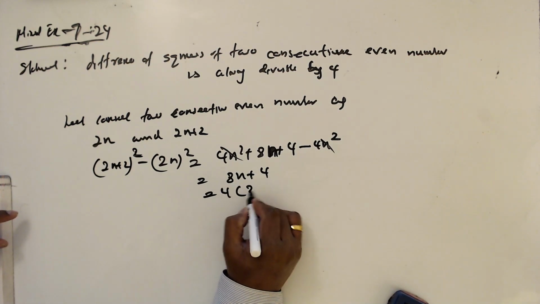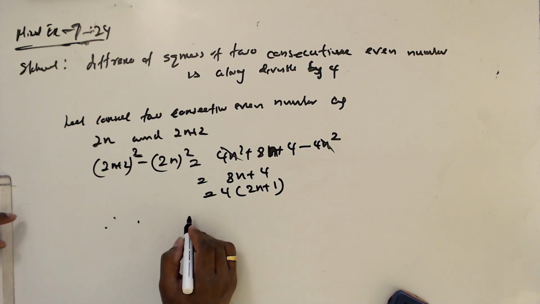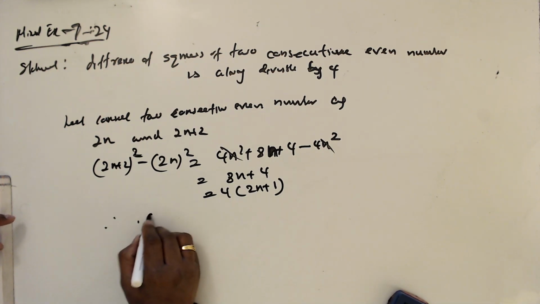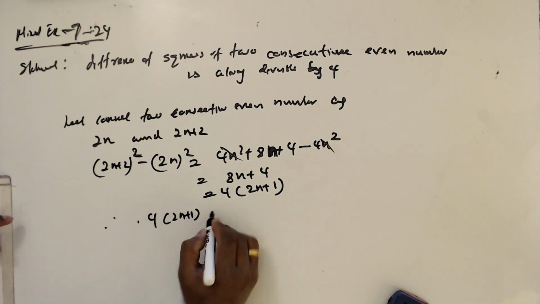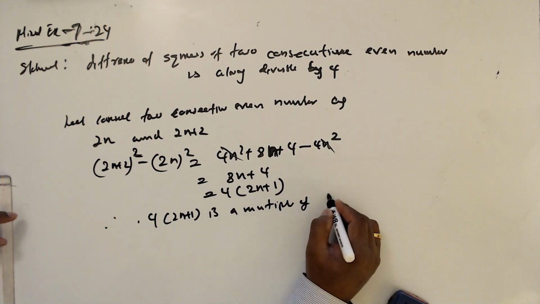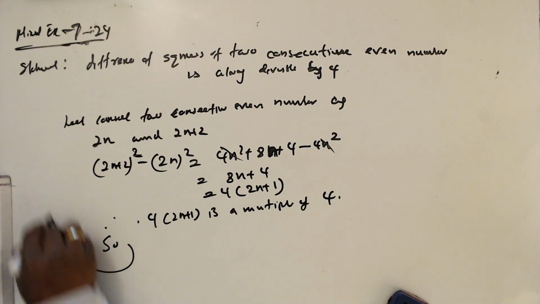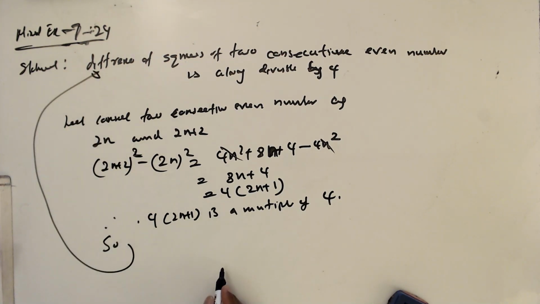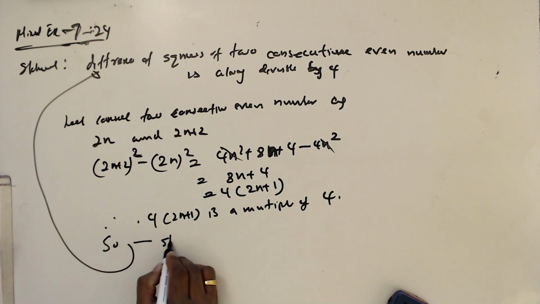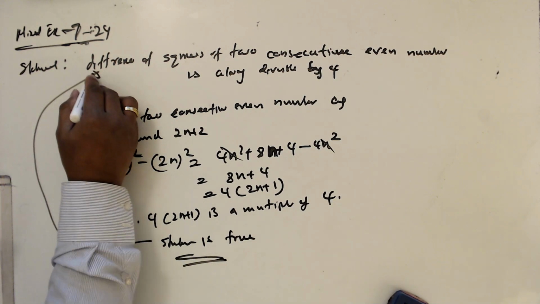I take 4 out: 4 times (2n plus 1). Hence it is a multiple of 4. So the difference of squares of two consecutive even numbers is always divisible by 4. So the statement is true. You better write like this.